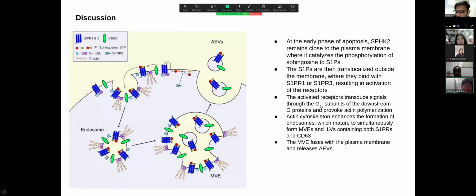So based on the bystander effect, when we change the plasma membrane distribution of the sphingosine 1-phosphate receptor, then exosome cargo loading, including SMPR1 or 3, will be totally changed. You understand? Then this hypothesis would be corrected with what?